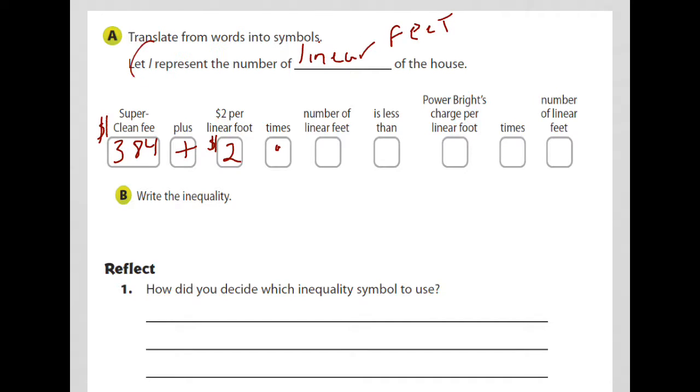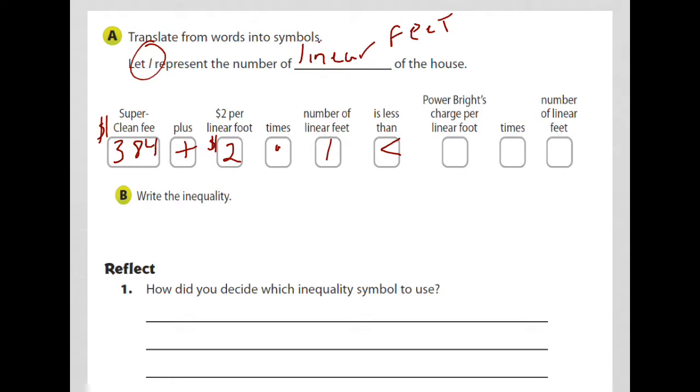So we're going to use the L for the variable. It's less than, because we're trying to find out when will Super Clean be less than Power Bright. So we will use a less than sign.